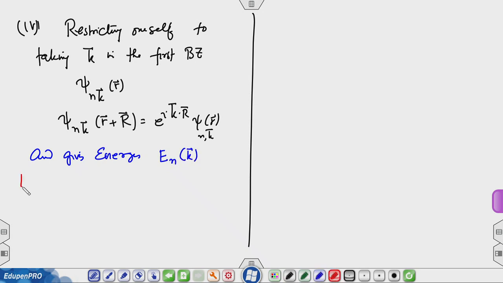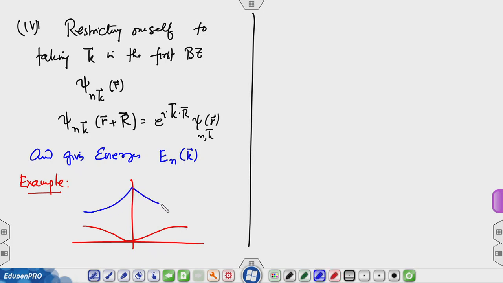And we saw this example in the previous lecture, lecture 32, where when we solved it, the first band came out to be like this. The second one I had said was like this, with a kink here, if you take only 2 plane waves, but if you take more and include everything, you will get it like this, and the third one will come like this, and so on.